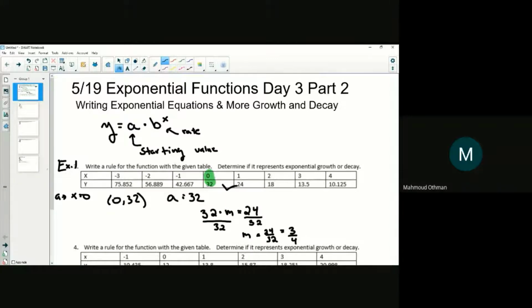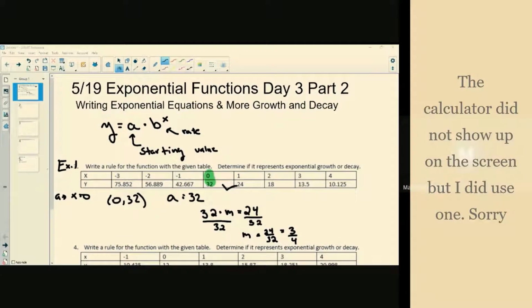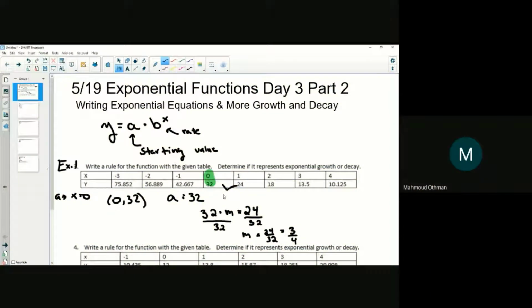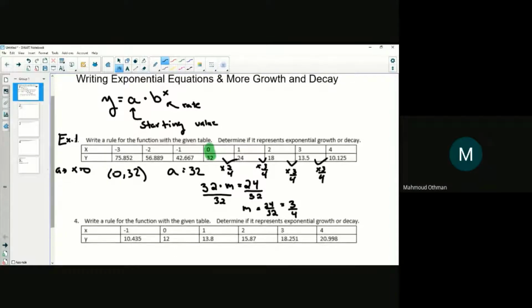And I'll double check right now using a calculator. Times 3/4, times 3/4, times 3/4. Remember, you know it's an exponential function if it follows the pattern that does the multiplication. So if my pattern here is 3/4, that means that's what my b is.